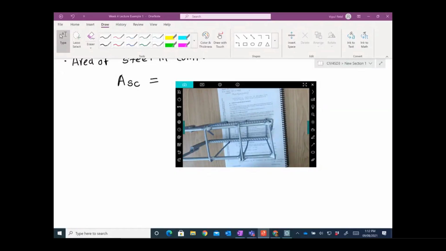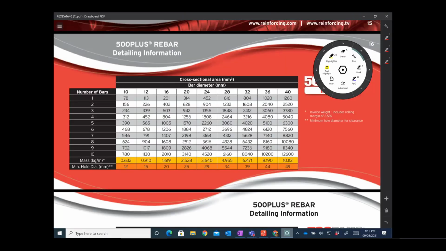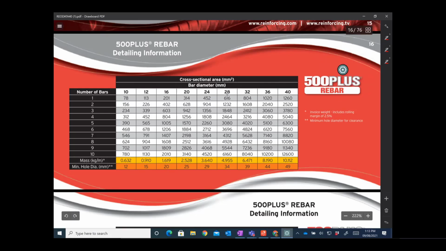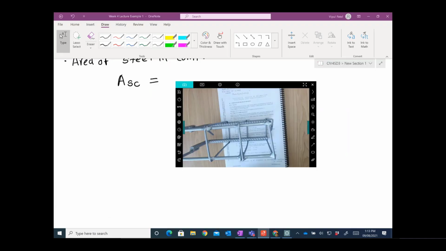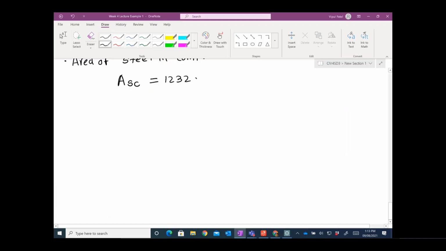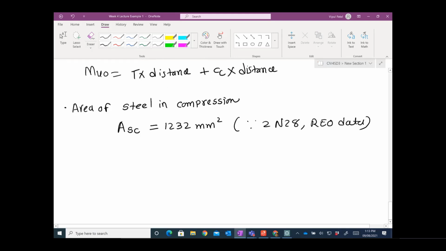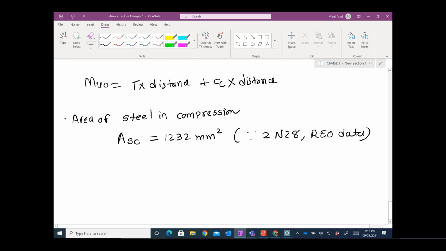You can go into these tables. 2N28 is 1232 millimeter square, right? So that's good. We can put this 1232 millimeter square because we have 2N28 bars, and we can get it from the Rio data table. So that's the first one, area of the top Rio, done.